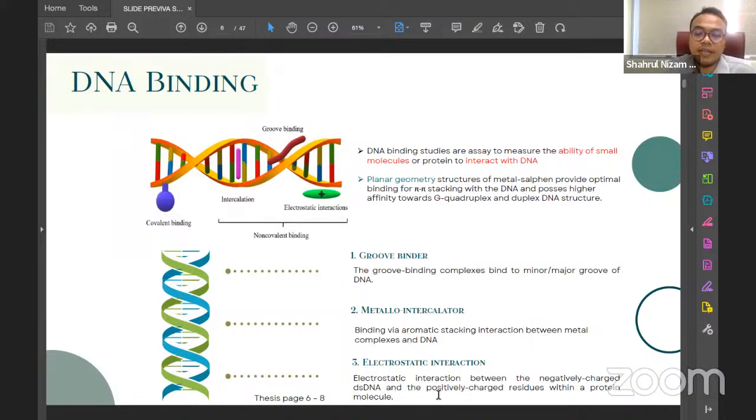And for electrostatic interaction, we can have interaction between negatively charged DNA and positively charged residues, yeah. Residues meaning within a protein molecule. This is just like the electrostatic forces that exist between any positive and any negative charge that you have learned before. So the same concept can be applied in DNA binding.